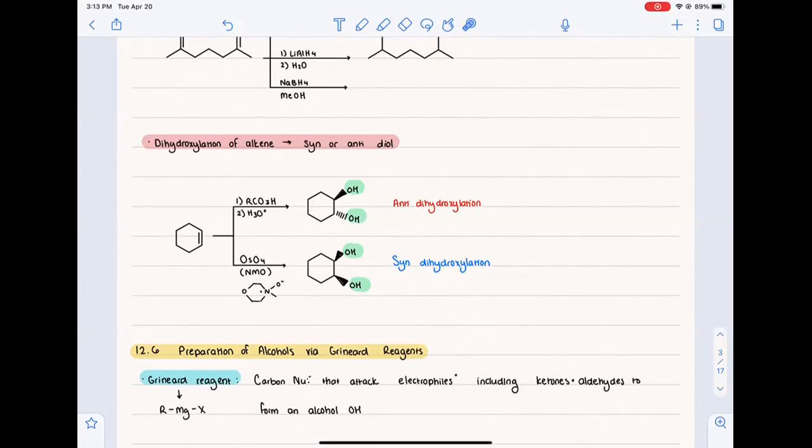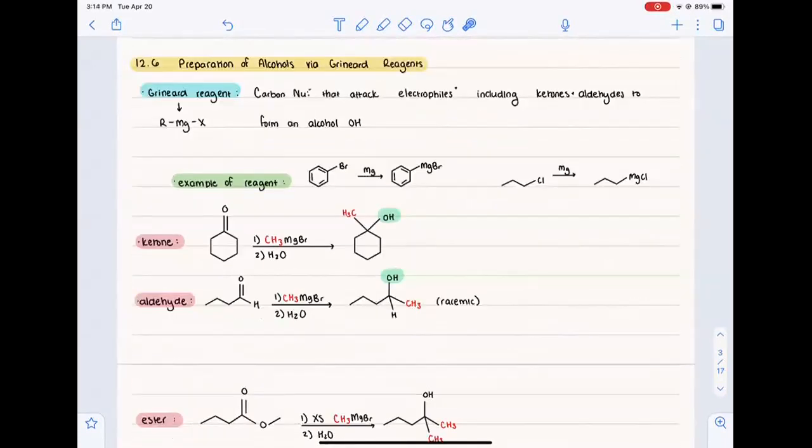You guys already know this. Easy peasy. Okay, so just for reference, RCO3H gives us anti-dihydroxylation, and OsO4 with NMO gives us syn dihydroxylation.